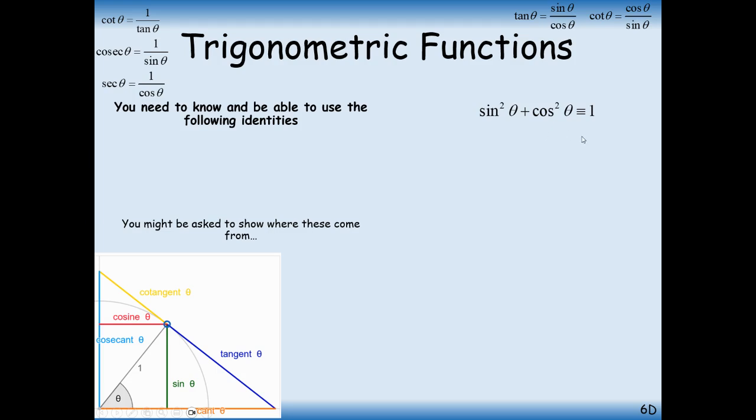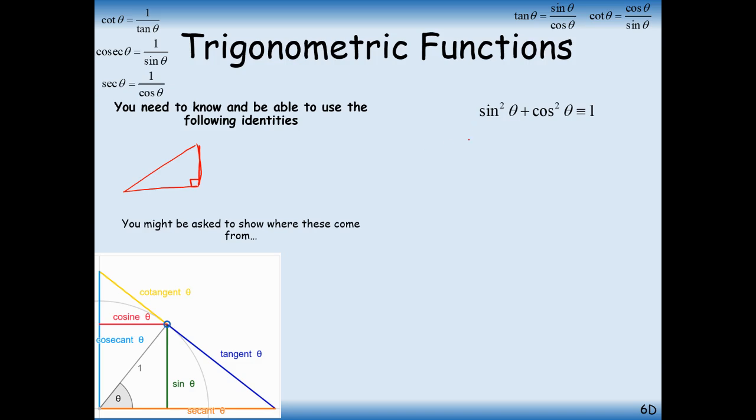This is our very original first identity that I proved to you from first principles, that if we have a right angle triangle here, we can apply the Pythagoras theorem and come up with this identity. So I'm not going to prove that again here, but okay, so what can we do with it?